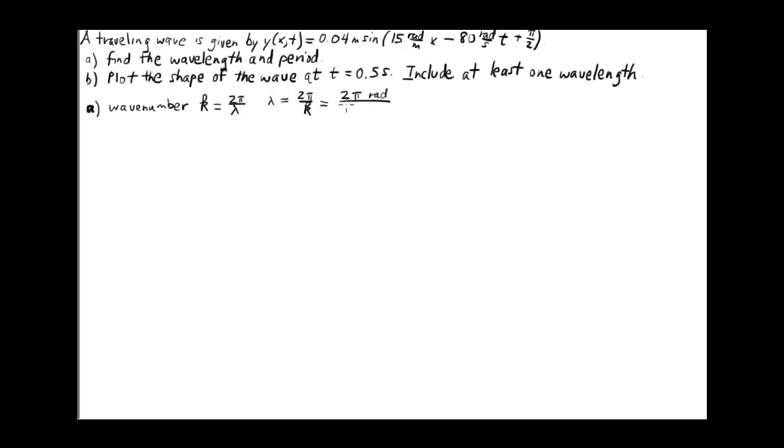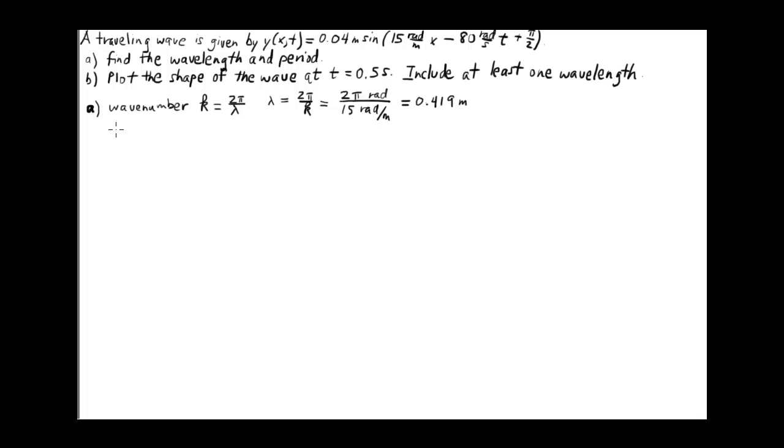So 2 pi radians over 15 radians per meter gives us, quite nicely, the units of meters, which is what we expect, and if you work this out it's 0.419 meters. So just a little over 40 centimeters for the wavelength.